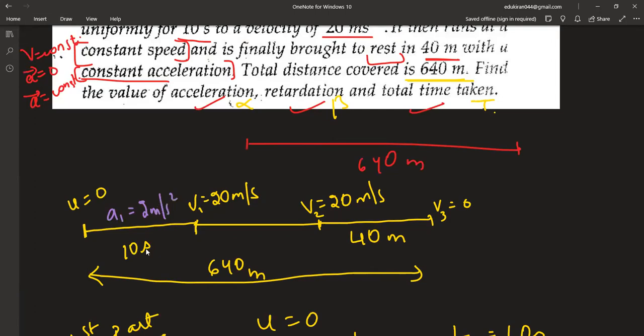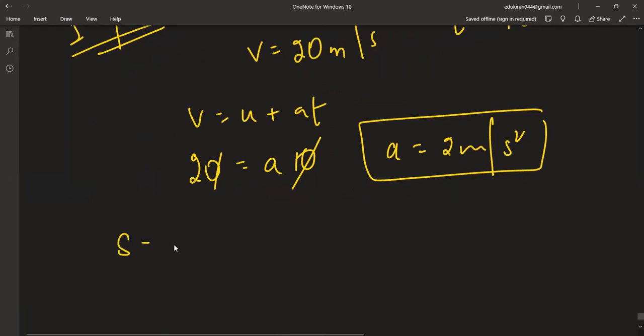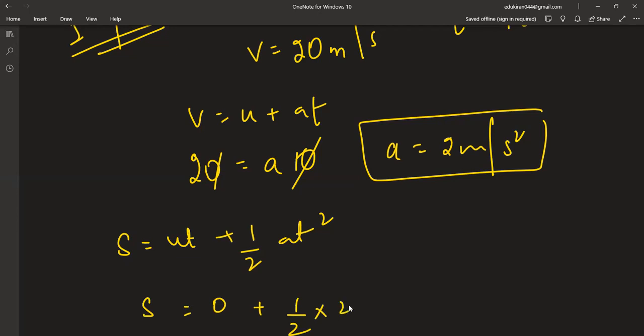Now, we need the distance. We need every quantity, then only we'll be able to calculate. So what will be the distance? S is equal to ut plus half at square. When you substitute, u is 0, it is initially at rest. So 0 plus half, acceleration is 2, time is given as 10 seconds.